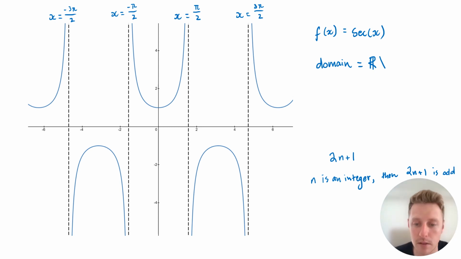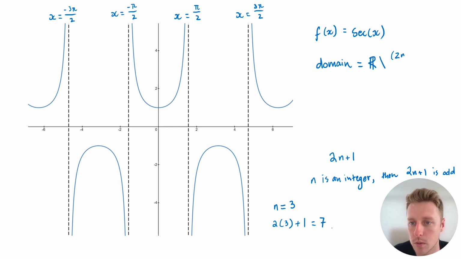If I pick any number, let's pick the number 3, let's say n equals 3. Let's substitute it into 2n plus 1. It's going to be 2 times 3 plus 1, which gives us 7, an odd number. So 2n plus 1, where n is any integer, is going to give us an odd number. So we're going to say all the real numbers except any odd multiples.